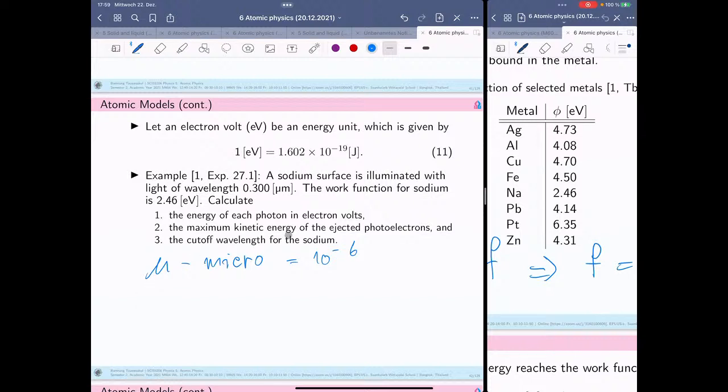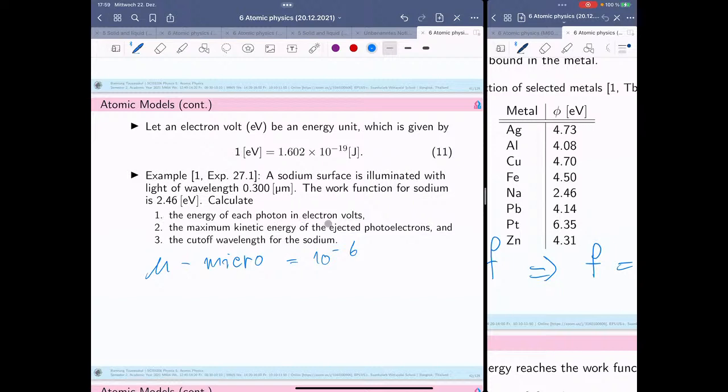Please calculate the energy of each photon in electron volts. The next one is the maximum kinetic energy of the ejected photoelectrons, and the cutoff wavelength for the sodium. That's the third and last sub-question in this example.